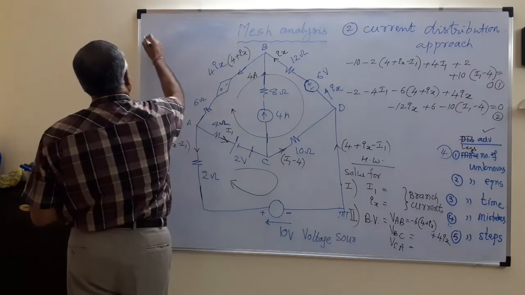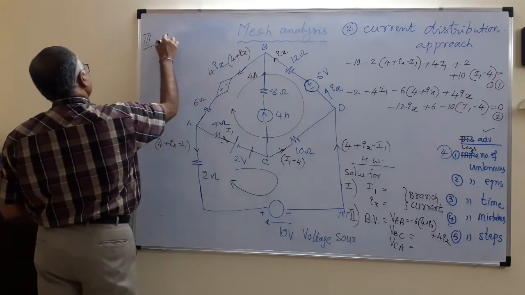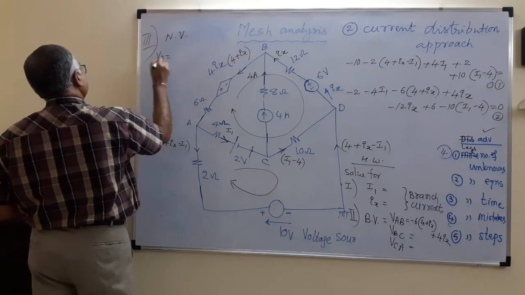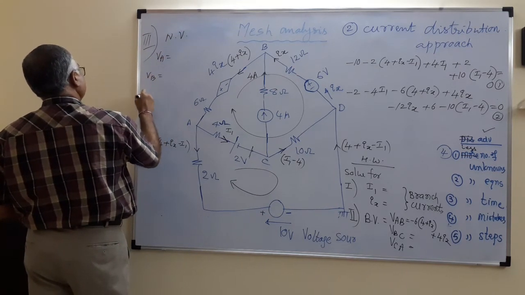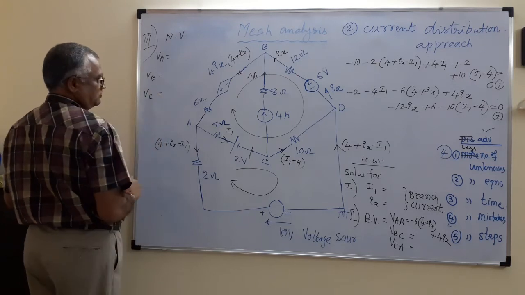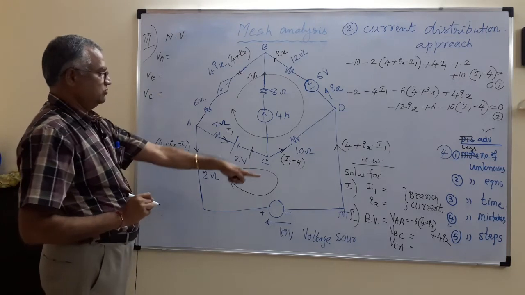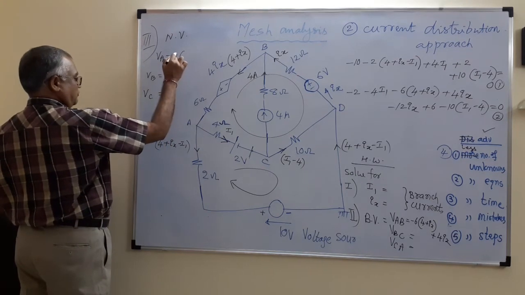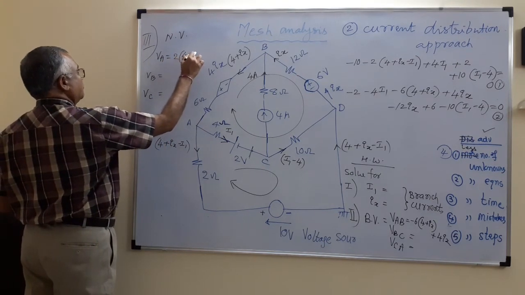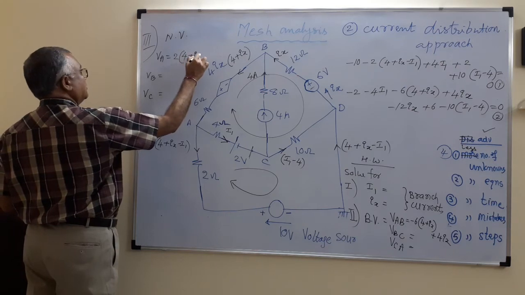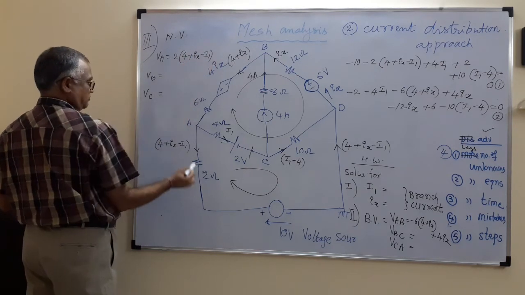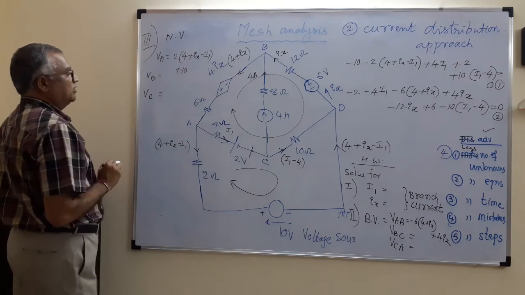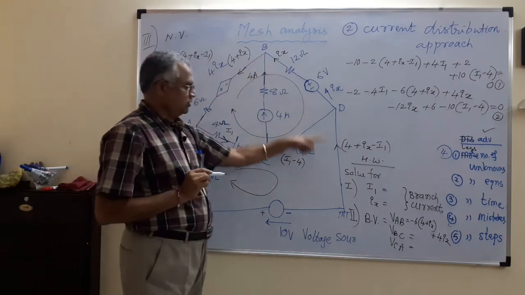So first, second over. What is the third step? Node voltage. Example, VA, VB, VC. So what is the rule I said? Start from A, go to ground. So VA is what? 2 into (4 plus Ix minus I1), this one, plus 10. Like that, start at B, go to ground.